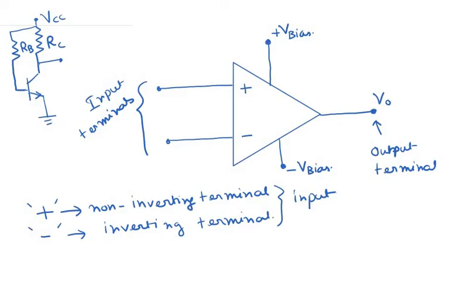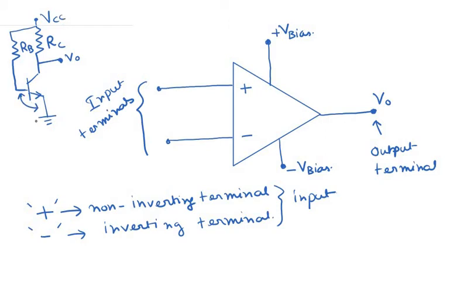Just like the output of a transistor is taken across the collector, this collector voltage is our output voltage V0, and the maximum voltage that this V0 can have is basically limited to VCC. This particularly occurs when the base to emitter junction is in the cutoff regime.